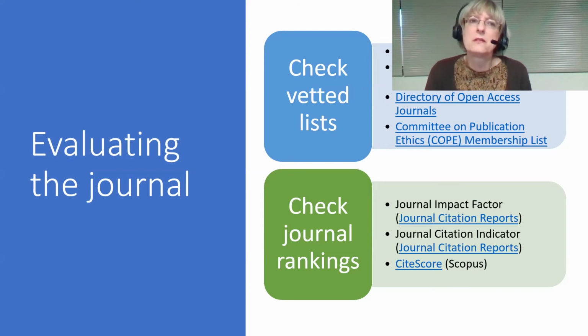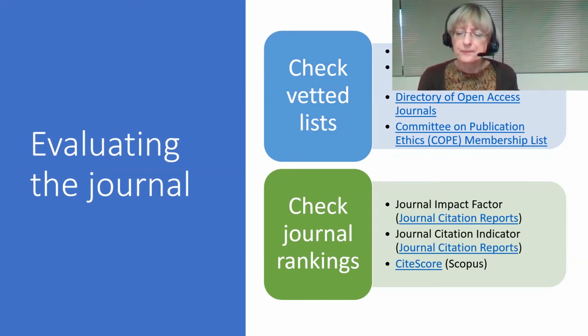It used to be that they didn't compute impact factors for humanities journals, but they're changing that. Now there's a new measurement that's just come out this year, just a few months ago, that's also put out by the Web of Science people, and that's the Journal Citation Indicator.